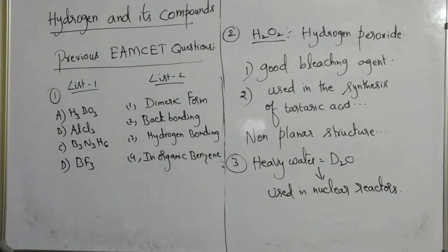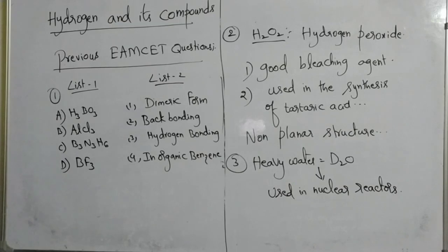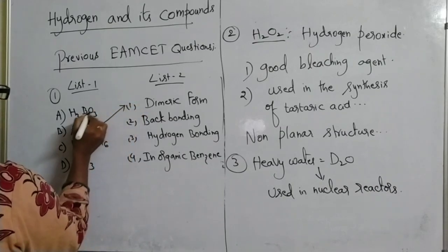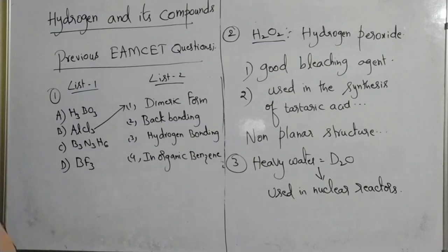Okay, so H3BO3 means what? What type of bonding will be there? H3BO3 means boric acid. In boric acid, you will be finding what? Hydrogen bonding you can find. AlCl3 can exist as Al2Cl6. Okay, so it can exist in the form of a dimer. Dimer means, I think you have an idea.